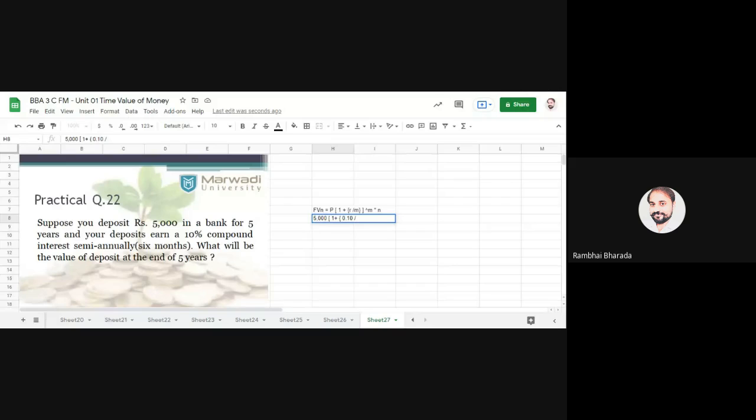Semi-annually means how many months are there in a semi-annual or half-yearly calculation? Specifically given to you, 6 months. So here number of months is 6. So M is equal to 6, bracket over, raised to M, M means 6 into N, number of years 5.